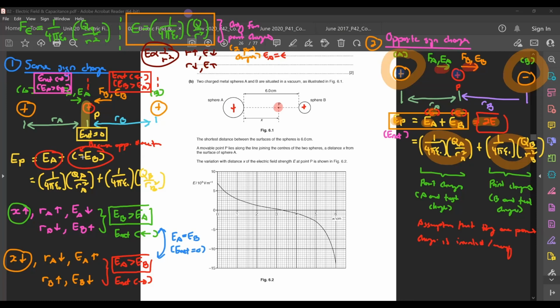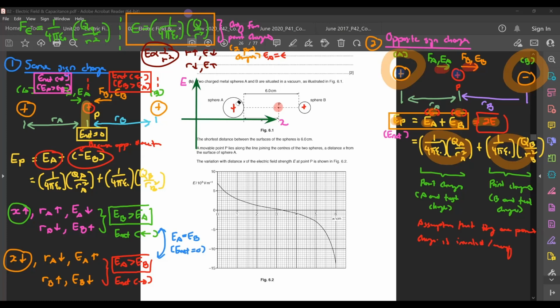Okay, so now the thing is that if I then want to draw a graph of field strength versus distance, this is the thing that I wanted to explain, how the graph shape came about. If you want to plot a graph of, say, field strength versus distance, the ENet versus distance, E versus X, by right, you're supposed to get a graph shape that looks like this.